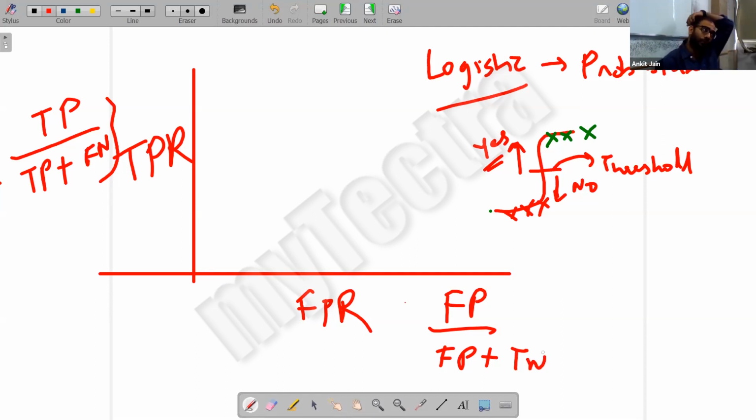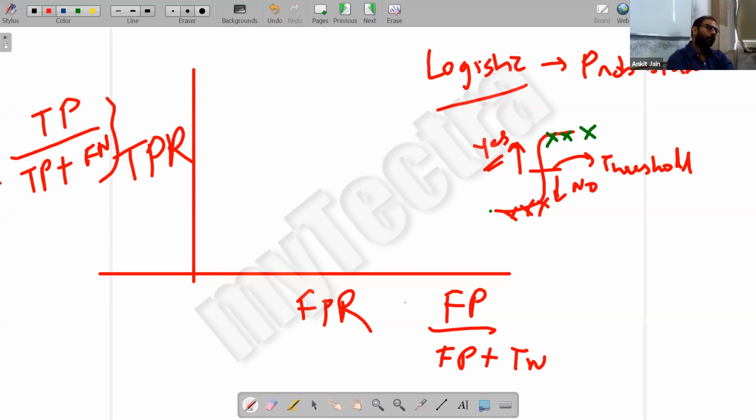What does true negative show? The formula is FP upon FP plus TN. So what does it indicate? What is true negative here?